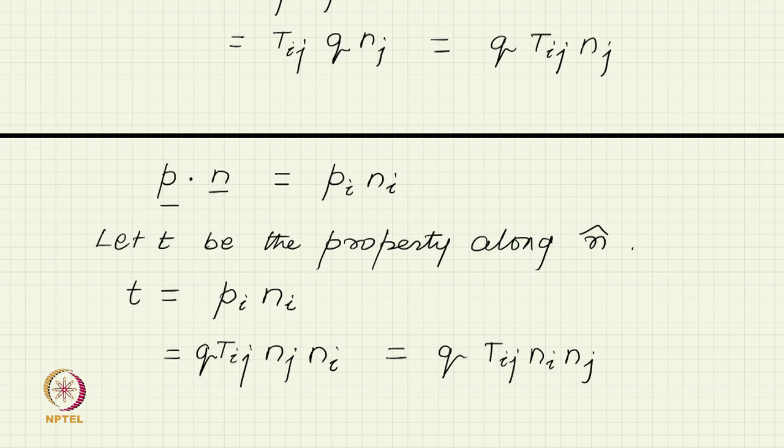Sorry, this T is not the property. Let me make the correction. T is the component of P. So, what I have written here is the parallel component of P. Let me write it as P parallel.